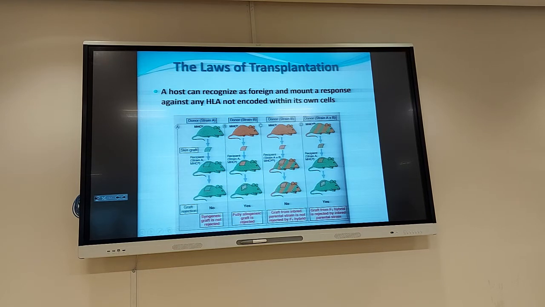So even though there is no A involved, it is not seeing any foreign element. But the opposite is not true, because here you transplant skin from the hybrid AB and put it into a recipient that is only strain A. So you are introducing B elements into this A, which it will see as foreign and attack, and so you get rejection. Okay?